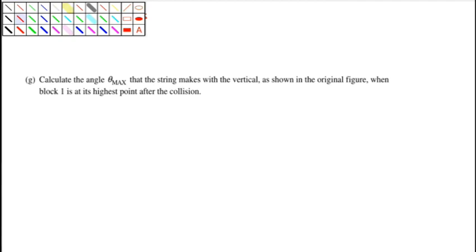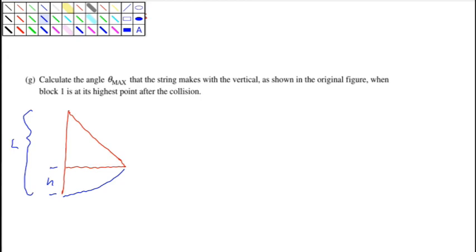Let's draw kind of a larger triangle for what's going on. Here's the arc of the block itself. But what we know is that this is going to be the change in height that's due to kinetic energy to potential energy. And we know that this length here is L.